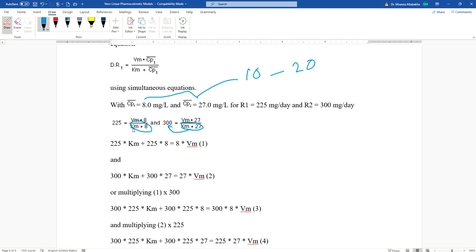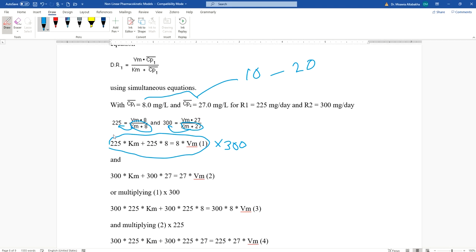We multiplied this one, Vm plus 8, with this one. Right. So we multiply the other one, 300 into Km, and 300 into 27, which will be equal to 27 Vm. Now we can take the first equation and multiply it by 300.